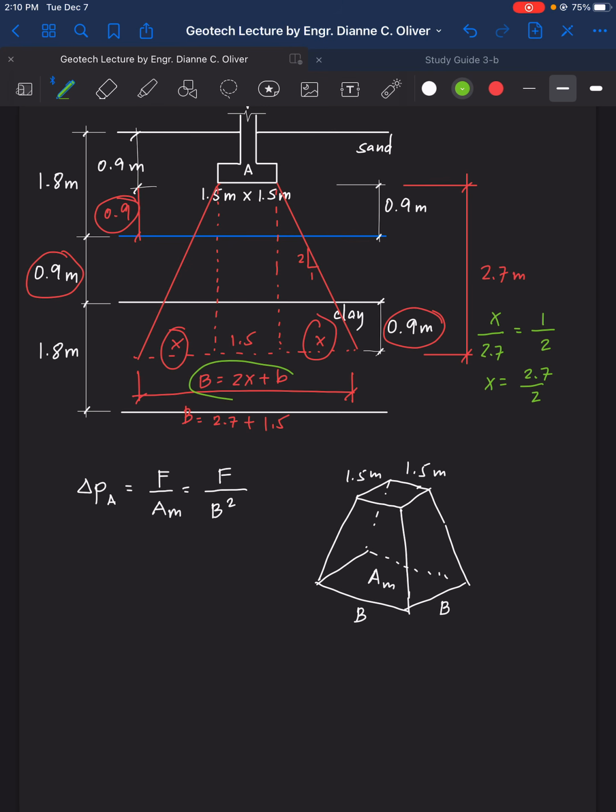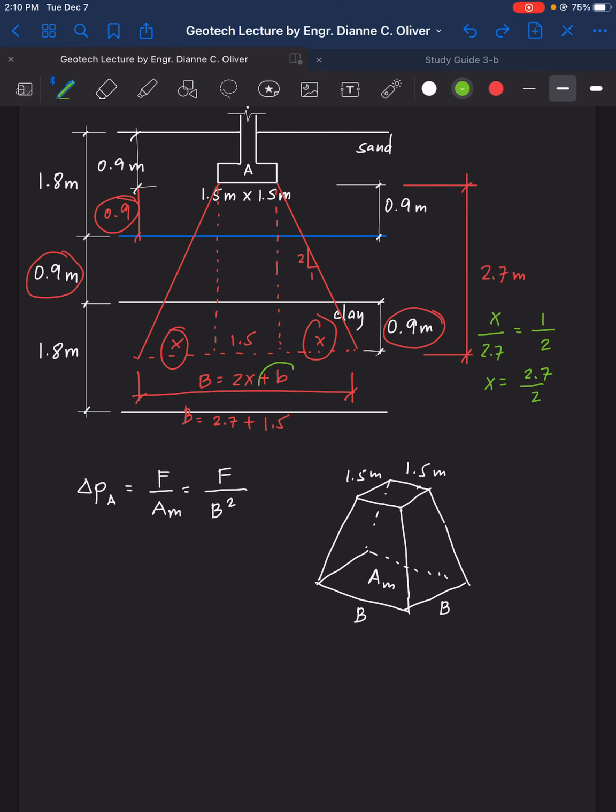Now this is the formula of B, right? So twice of x, twice of 2.7 over 2, cancel the 2, what's left is 2.7.